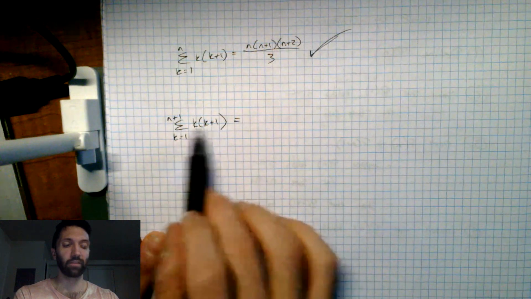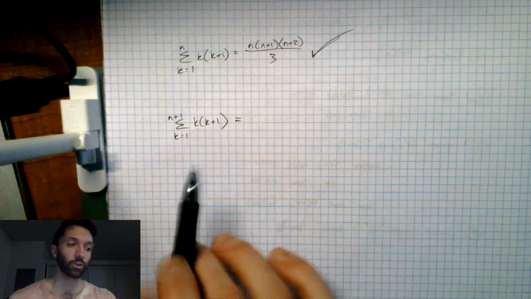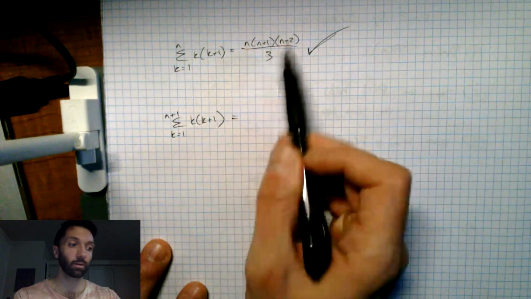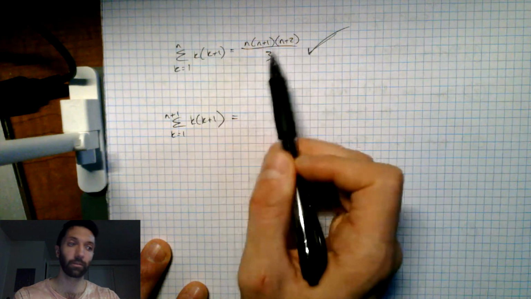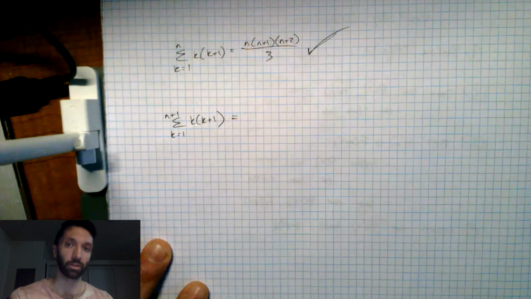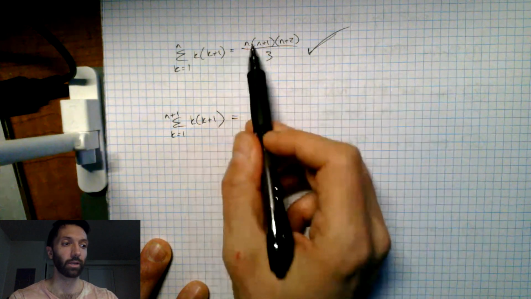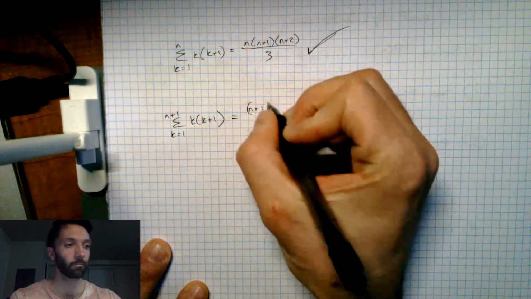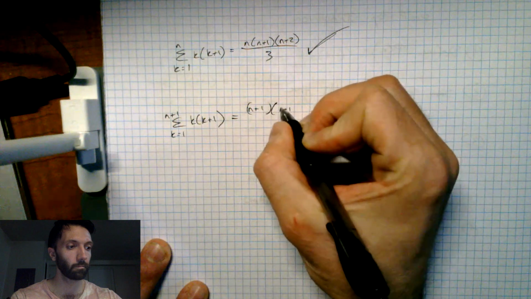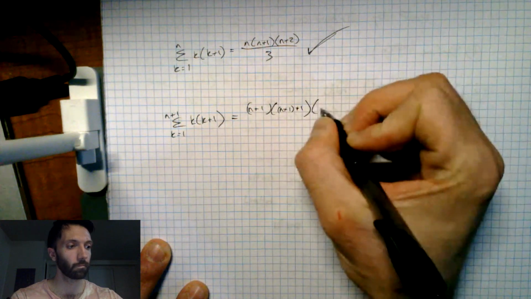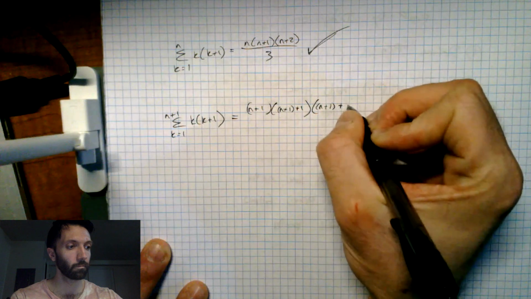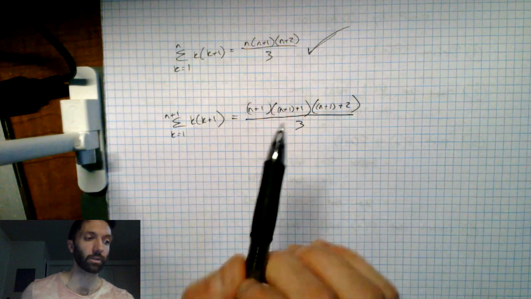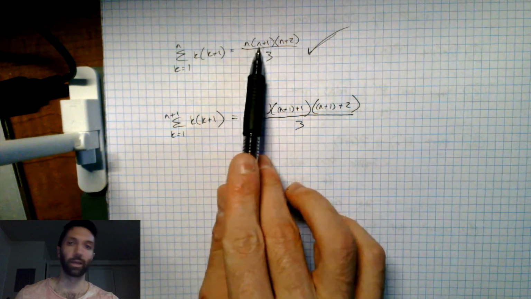To prove that P of n plus 1 holds, we need to show that the summation stopping at n plus 1 equals what the summation stopping at n equaled, except instead of n's, we have n plus 1's. So I need to substitute an n plus 1 in for all of these n's. Again, all I did was substitute n plus 1 in for all of my n's here.